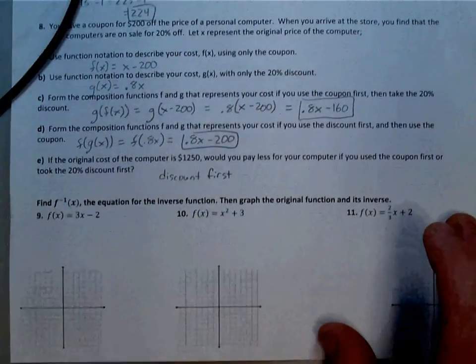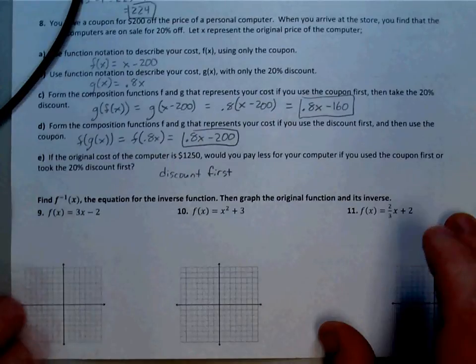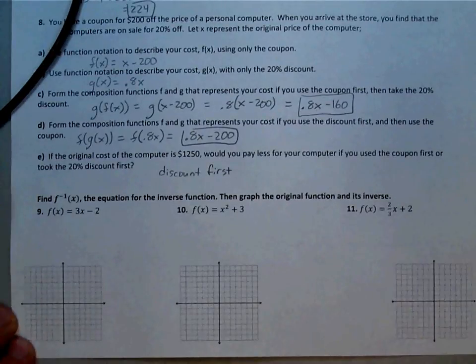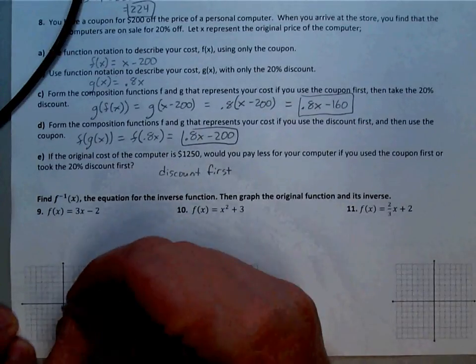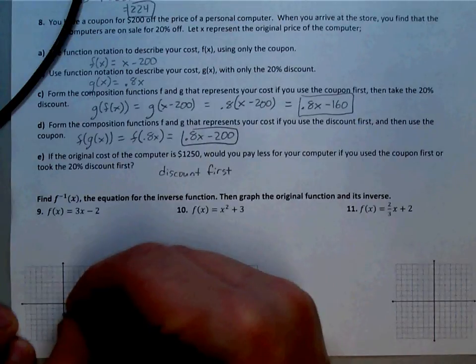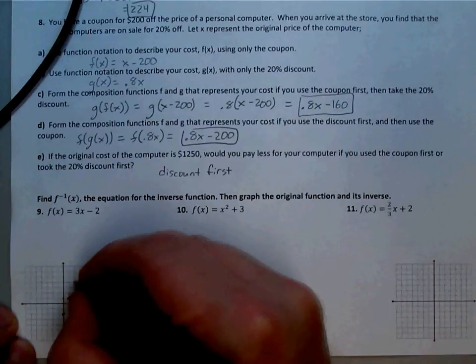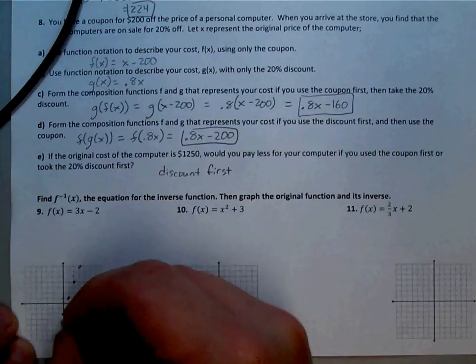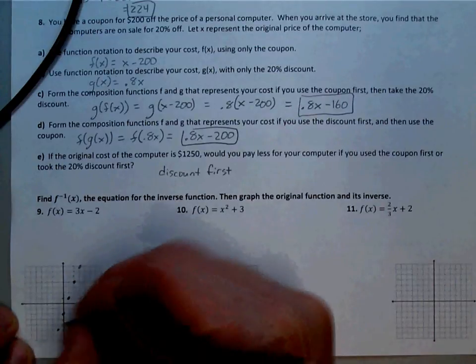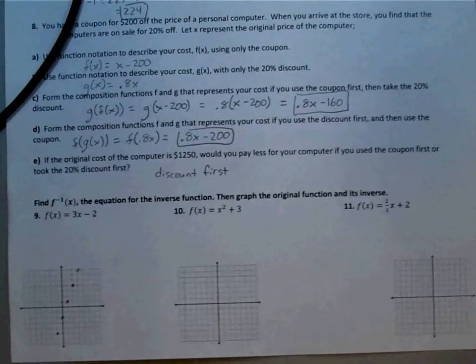All right, now find the inverse, graph the original and its inverse. So if I graph this original right now, I can do that. And then we'll also need to find the inverse.